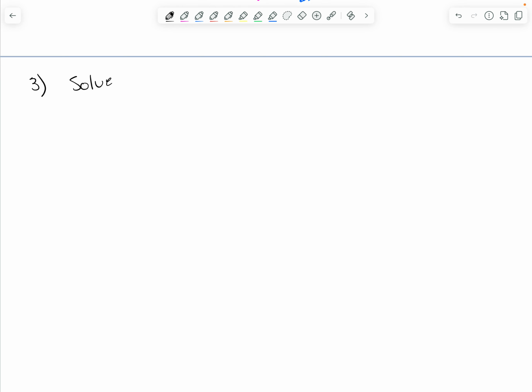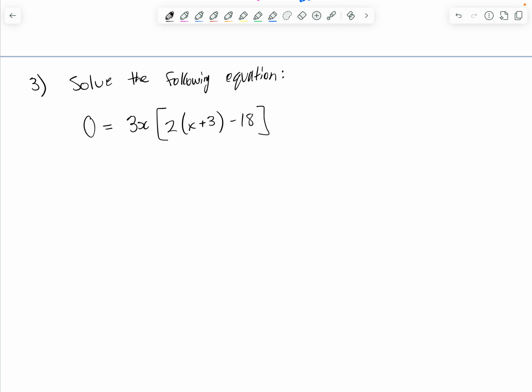So solve the following equation. It's going to be something like this: 0 equals 3x times (2x plus 3 minus 18). So it's still a quadratic, but now it's in factored form.